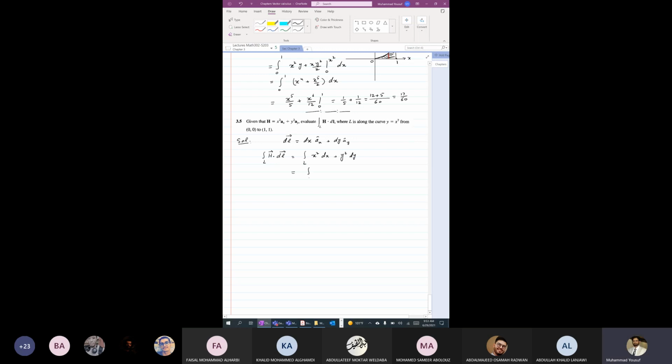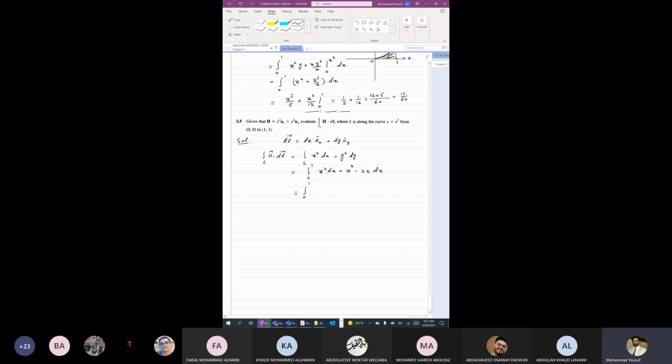Now our next job is to convert everything into one variable. So first one is x square dx plus y square is x power 4 and dy is 2x dx.